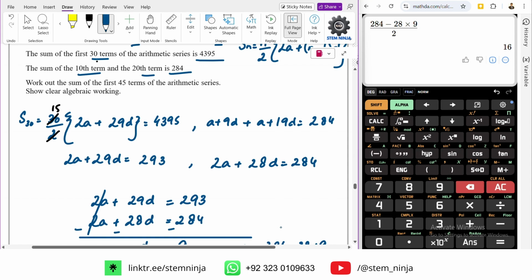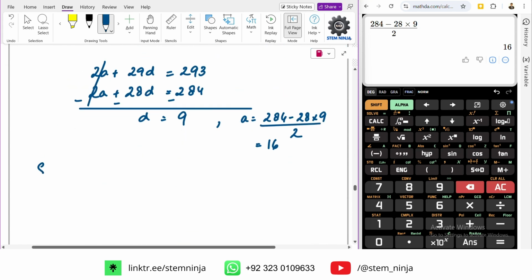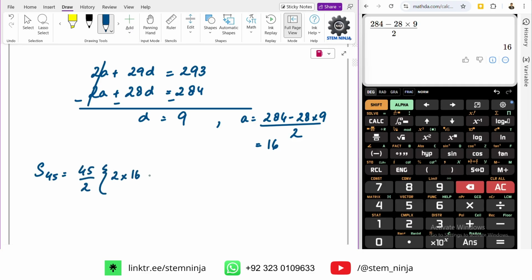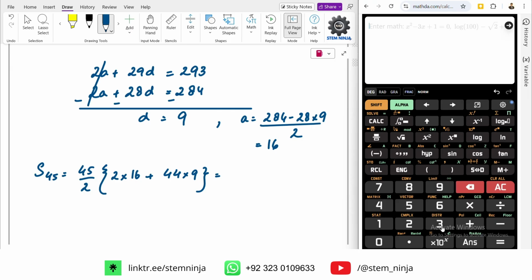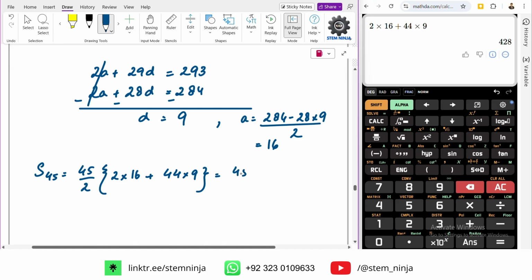So, work out the sum of the first 45 terms, right? 45 divided by 2 times by 2 times 16 plus 44 times by 9. So you have 2 times by 16 plus 44 times by 9 is 45 over 2 times by 428.